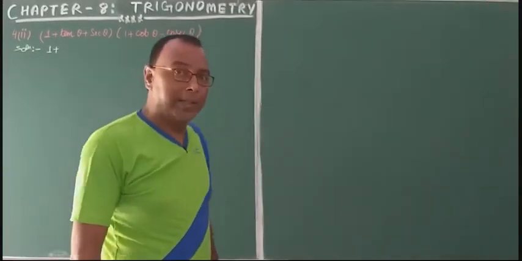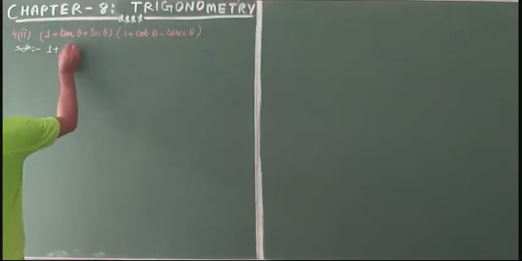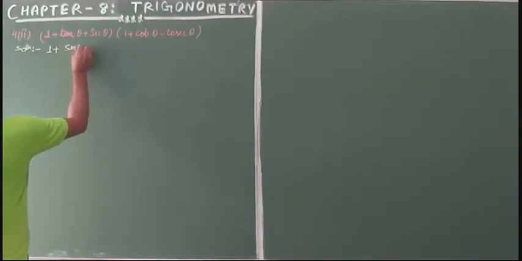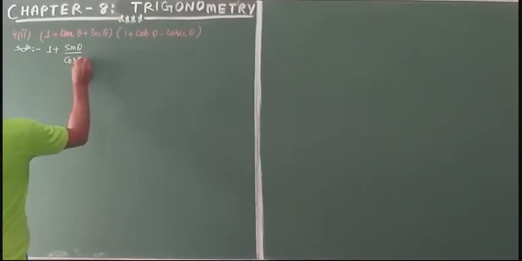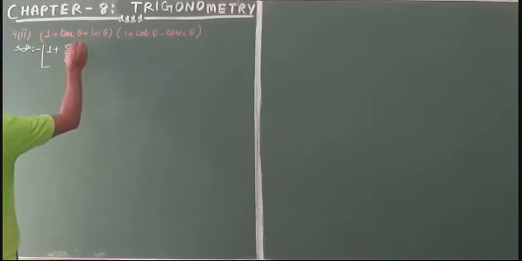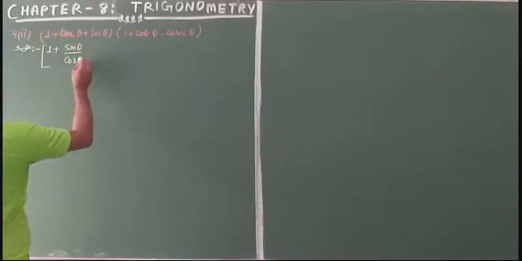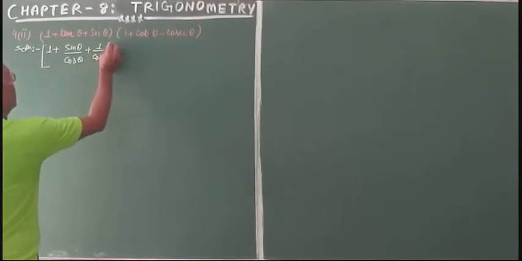There is a formula we discussed in the previous video. So, 1 plus sin theta upon cos theta plus sec theta, which is 1 upon cos theta.